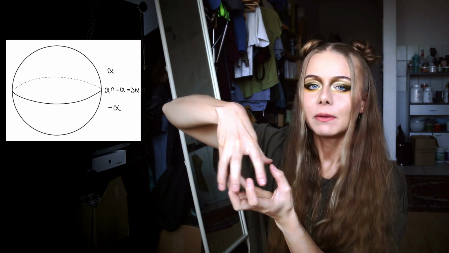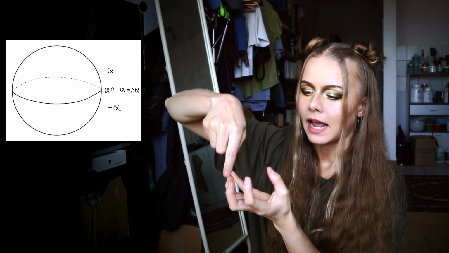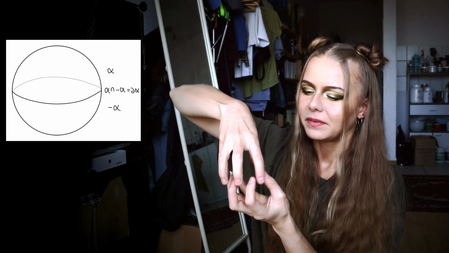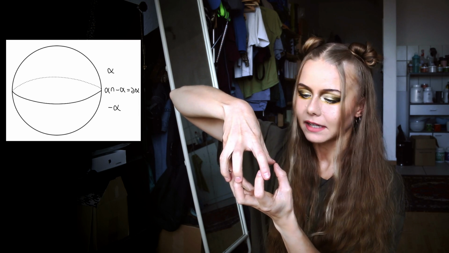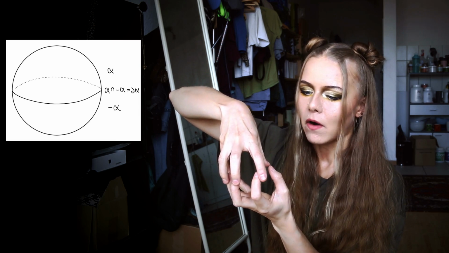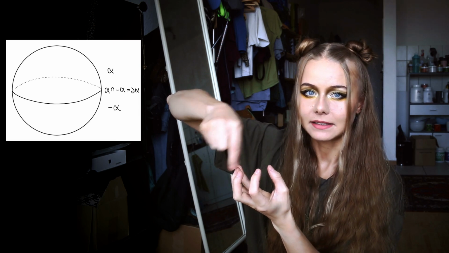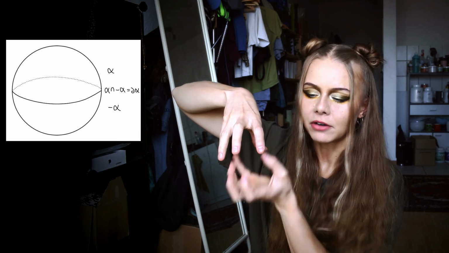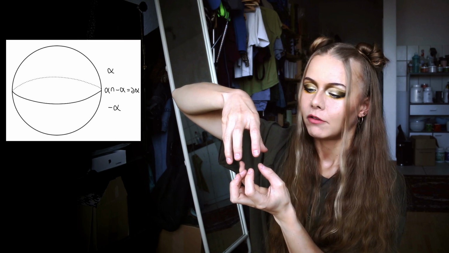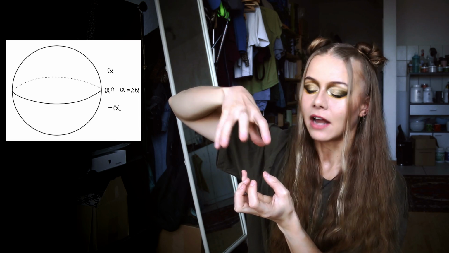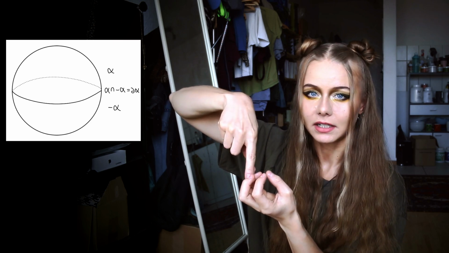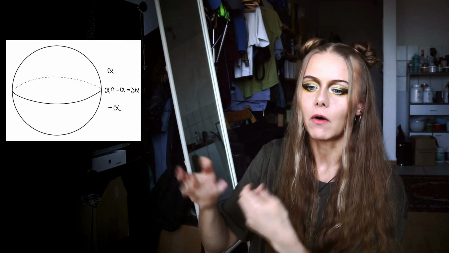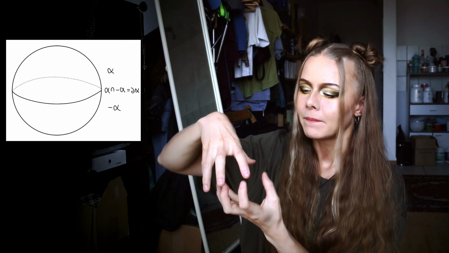And there's always some intersection. Let's say here at the equator, the roots alpha and minus alpha intersect. Then we call all the simplices in the intersection, we say they are in the boundary of alpha and in the boundary of minus alpha. For all the simplices that are not in the intersection, we say they are on the inside of the root alpha or of the root minus alpha.